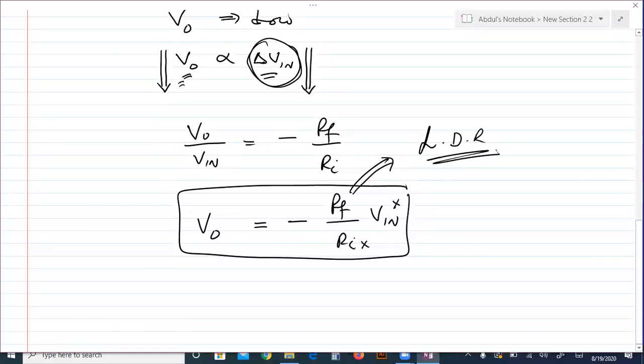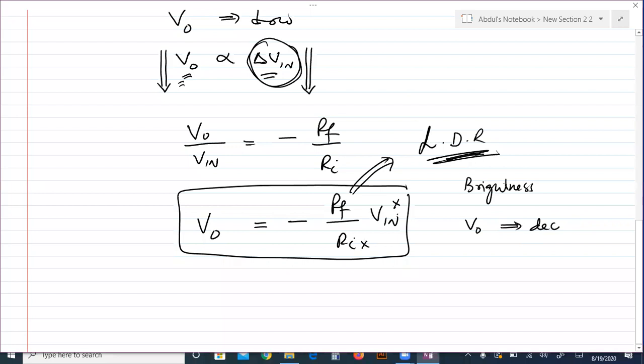light dependent resistor. So in a light dependent resistor, resistance decreases with light intensity. So if RF is replaced with the LDR, when there is a bright light, due to small resistance of the LDR, this output voltage decreases.